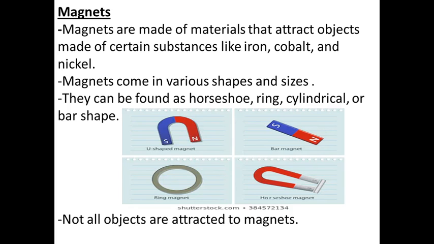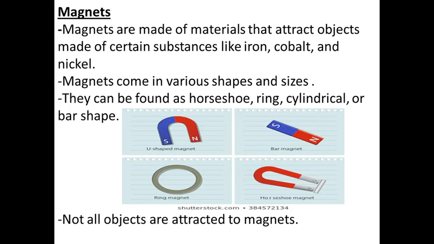So magnets are the materials which are made up of one chemical, that is iron oxide. Okay, magnets are normally made up of iron oxide, and they attract the substances which are made up of iron, cobalt and nickel. Means your magnets are not attracting all kinds of things.